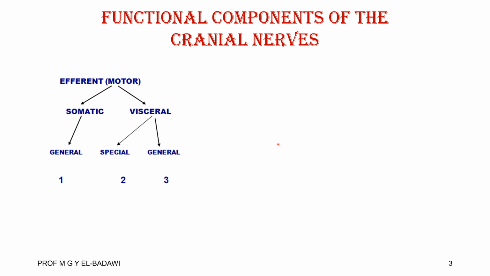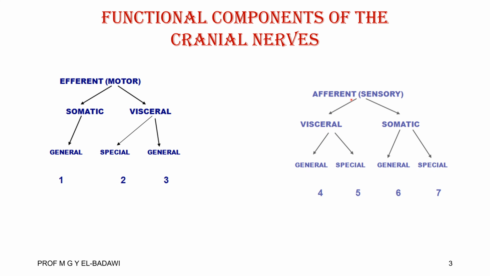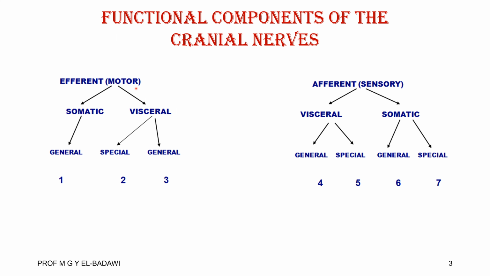Now we have to describe or to see the different types of the cranial nerves when it comes to functions. It is an efferent group and an afferent group, so you have motor and sensory types.